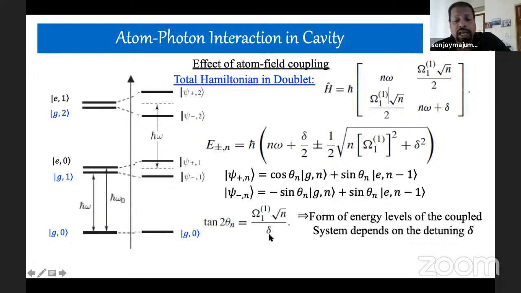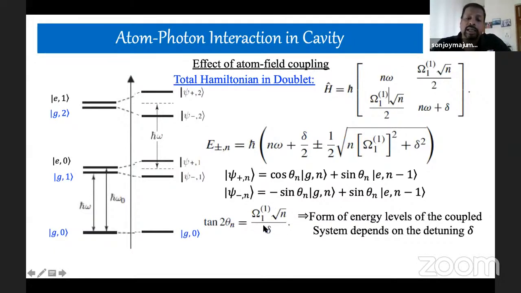So as you see, if delta is very small, then this quantity becomes large for any particular value of n. Once this is large, that means theta will also be large.